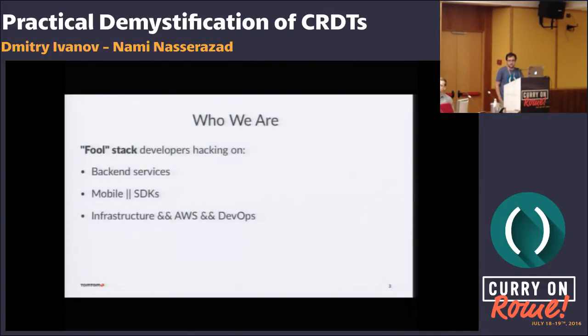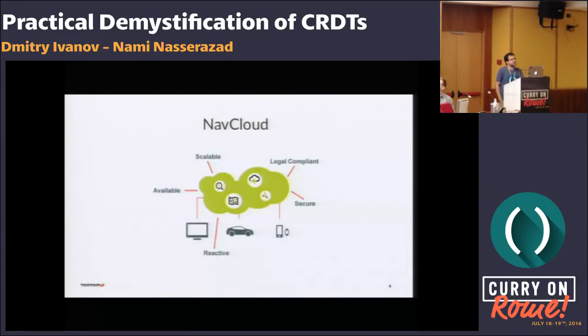Yeah, this is us. I am a full stack developer in this project at TomTom, doing everything from the front end to the back end, and also handling the infrastructure. The project that prompted this research is called NavCloud.